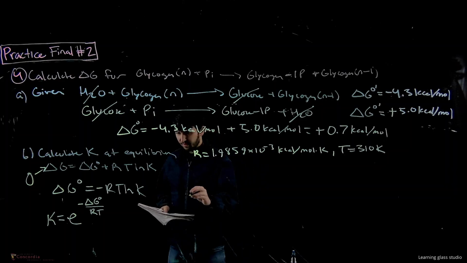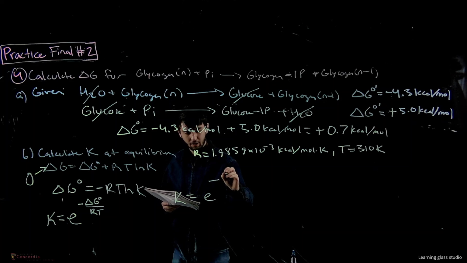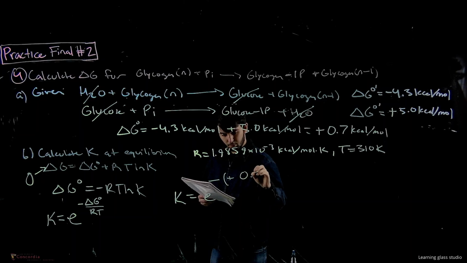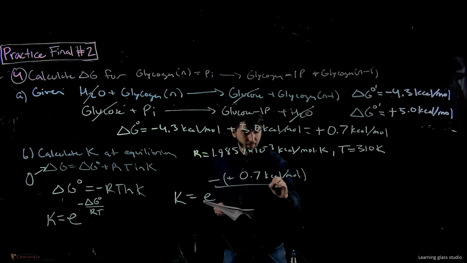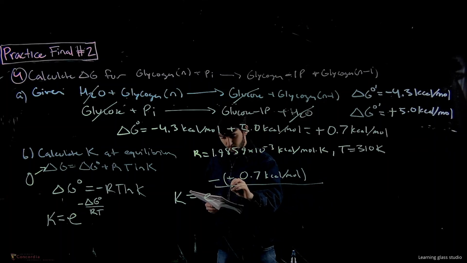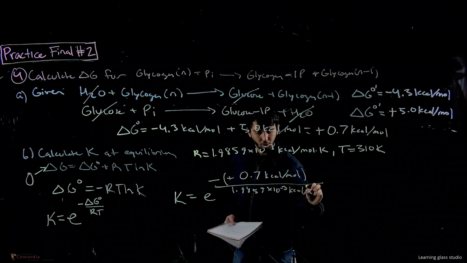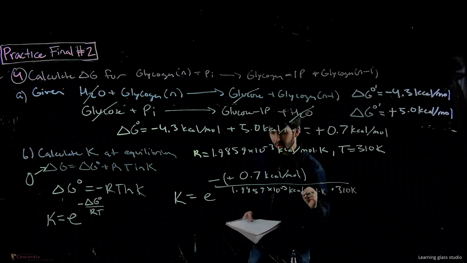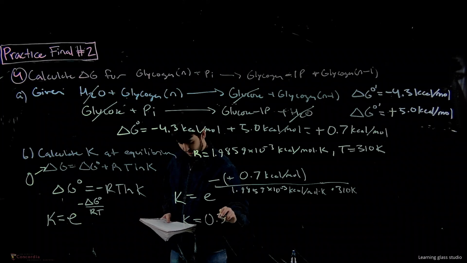Okay, so now plugging this in, we get K is equal to e to the negative, negatives from here, negative plus 0.7 kcal per mole, all divided by 1.9859 times 10 to the minus 3 kcal per mole Kelvin times 310 Kelvin. And what do we get when we plug this into our calculator? We get K equals 0.32.